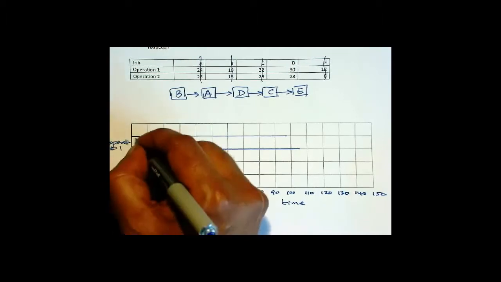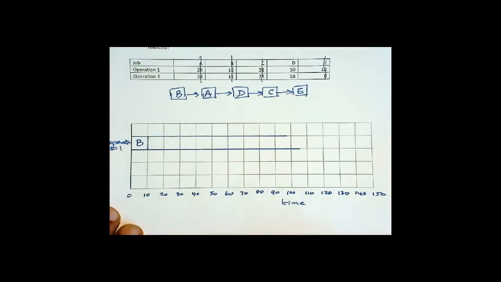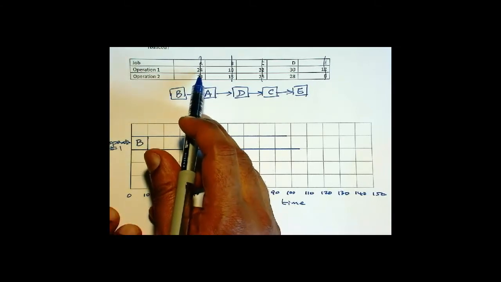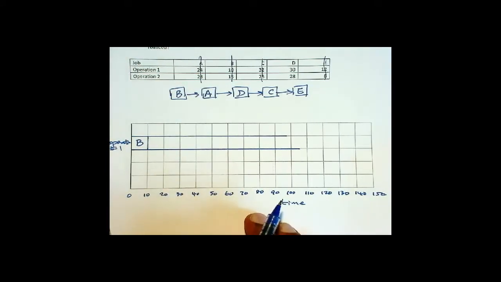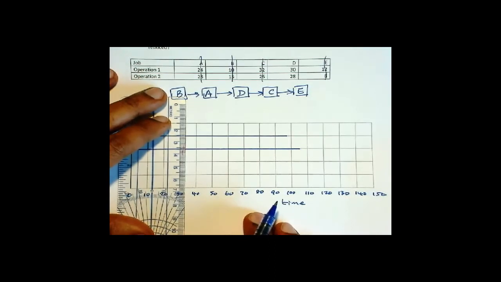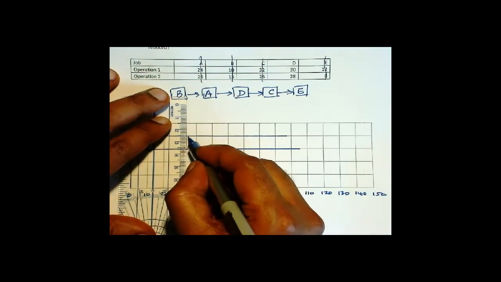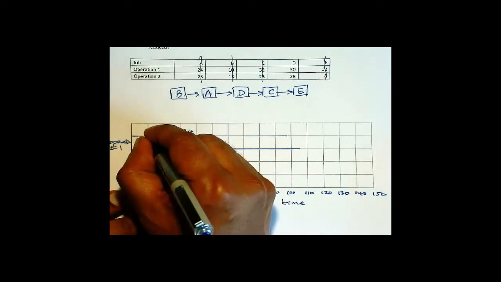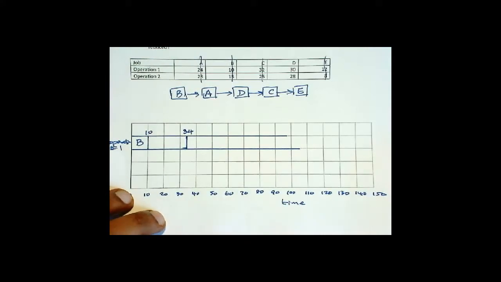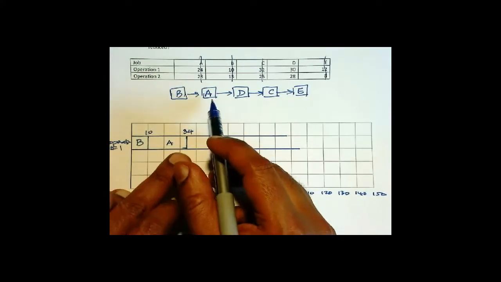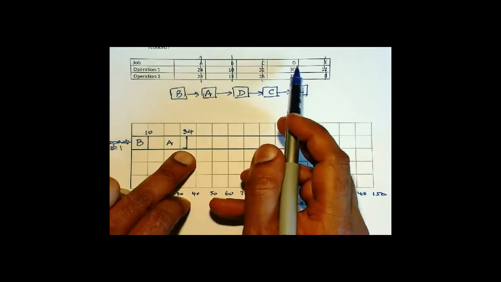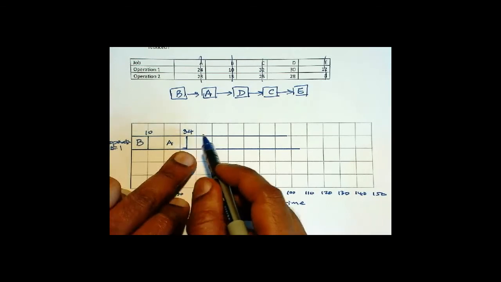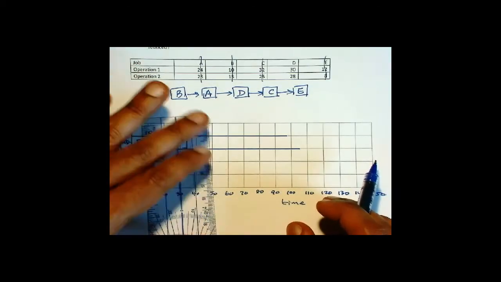That one is B. Once B is done, A can begin, and A takes 24, so it will end at 34. I'm being a little approximate here, which doesn't matter. So that's A. After A is done, next is D. D requires 30, so beginning at 34 plus 30 is 64.